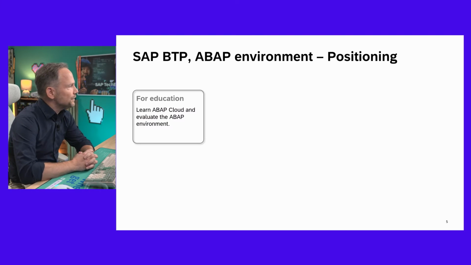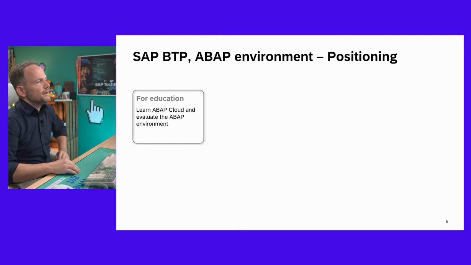So if it comes to the positioning with regard to our main target groups, we can see 4 different target groups. It starts with education. So we are offering several trial options, so free tier and shared trial. And with the trial options, you can get in touch with the ABAP Cloud ingredients of Steampunk.